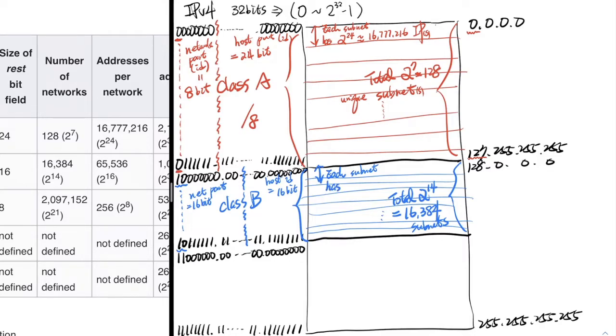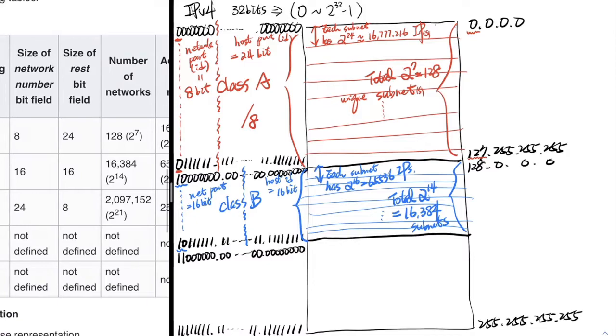In class B we have 16 bits to represent the host ID. So each blue block contains 65,000 unique IP addresses in class B. Take a look at the second row.